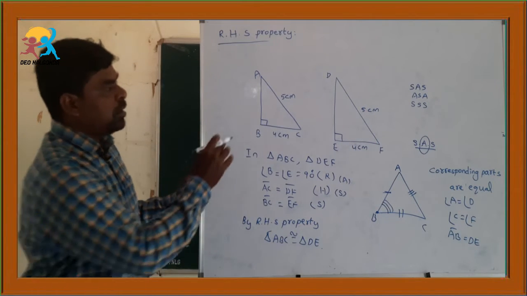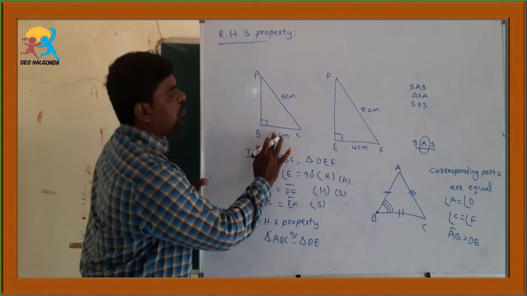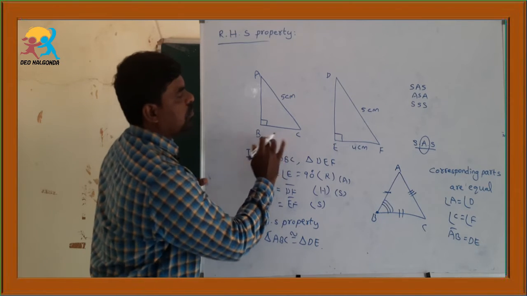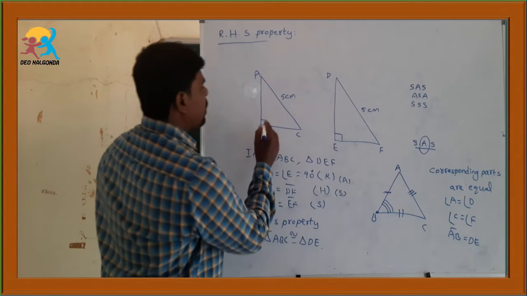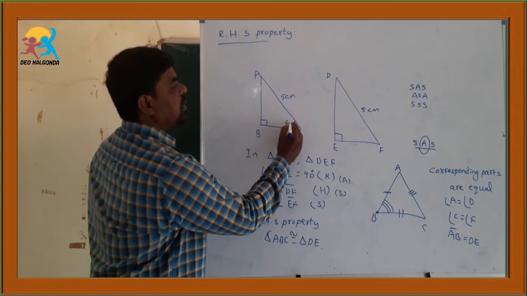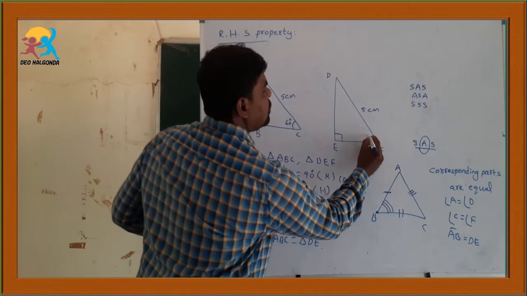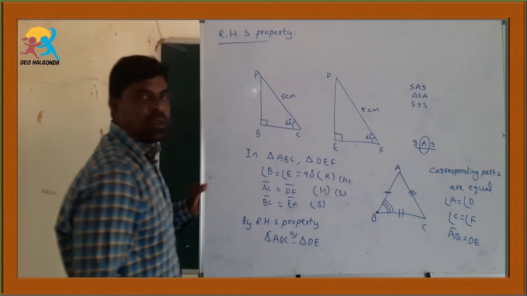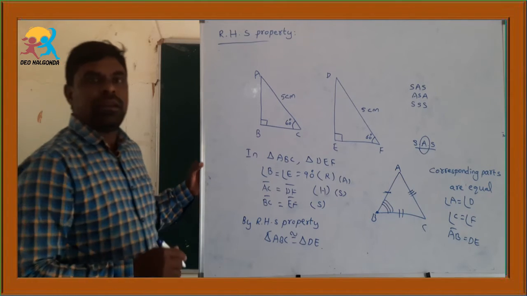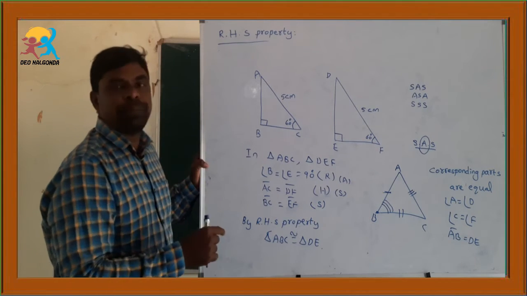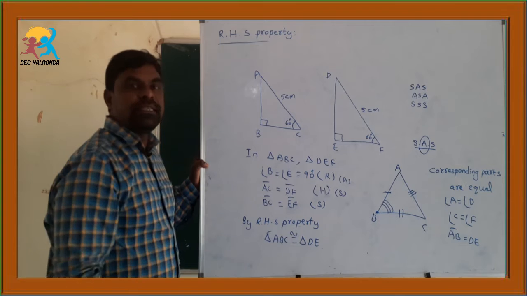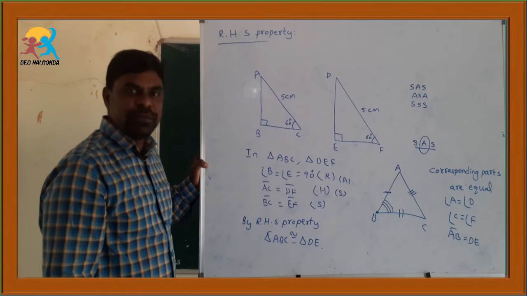Suppose here this 4 centimeters is not given. One angle is given as 60 degrees and this is also 60 degrees. Is it possible to use the property RHS? Shall we use?